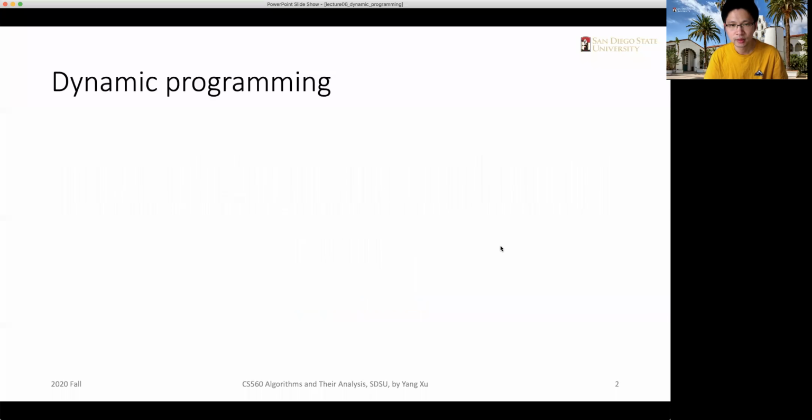Okay, and this type of algorithm also has a pretty broad range of applications.